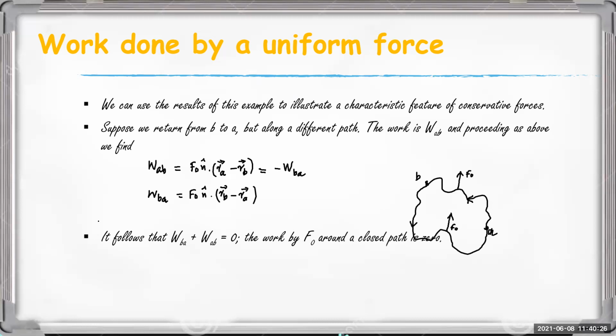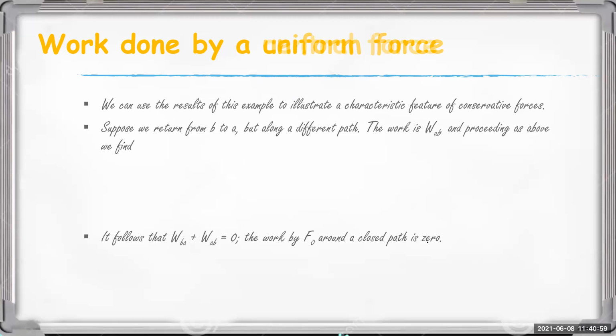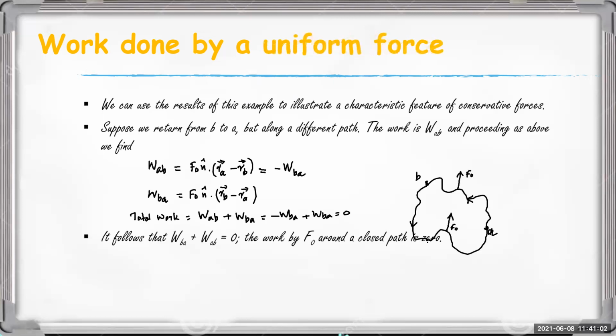Total work is equal to WAB plus WBA. WAB is equal to minus WBA plus WBA, that is equal to 0. So it follows that the work by F0 around a closed path is 0. Okay, it is an important part.